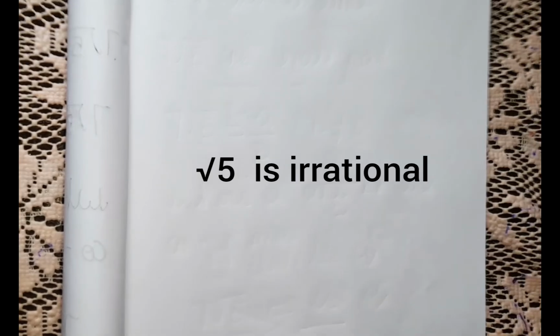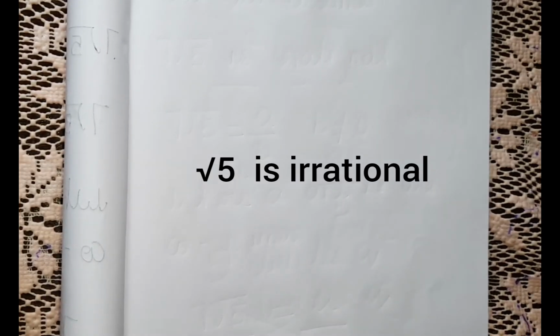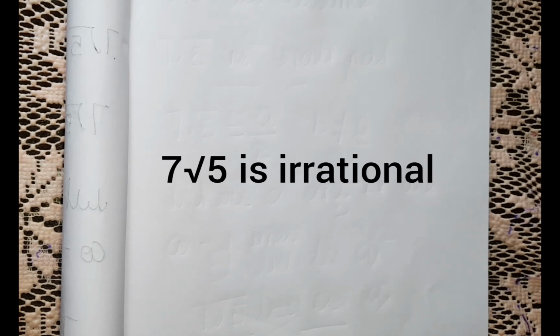So as you guys know, root 5 is irrational. We solved that root 5 is irrational in this question, and after that we solved 7 root 5 is irrational. Am I right? So what we shall write is, we know that root 5 is irrational, then what about a by 7b? Then a by 7b, according to contradiction, is irrational.